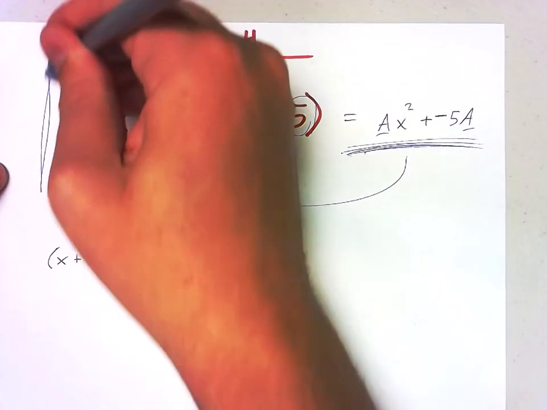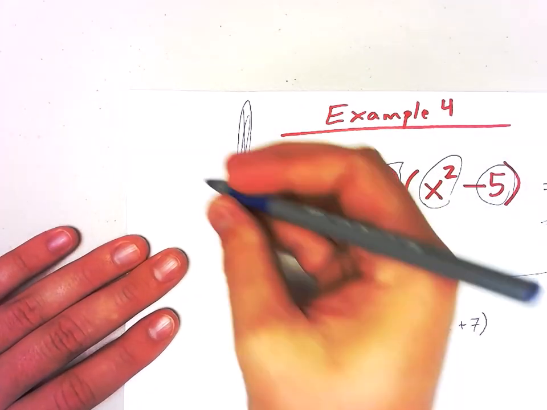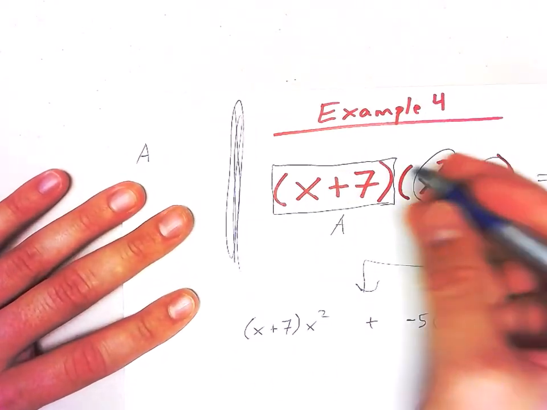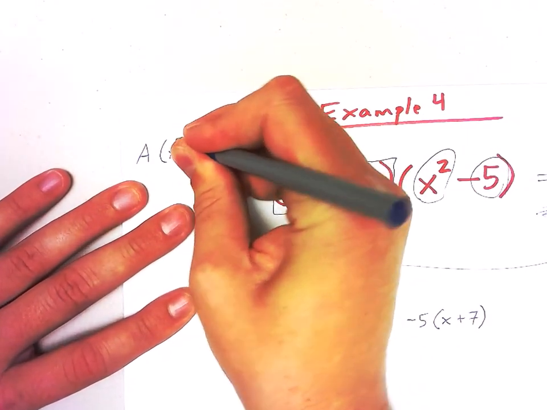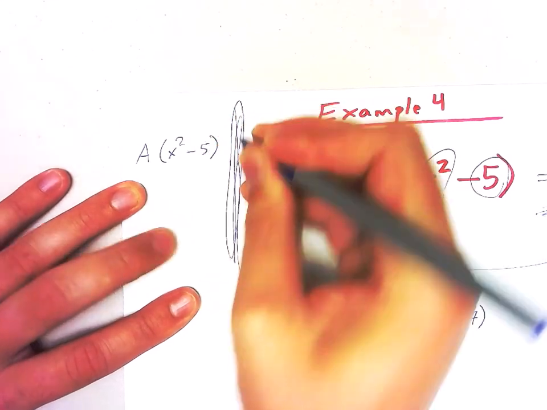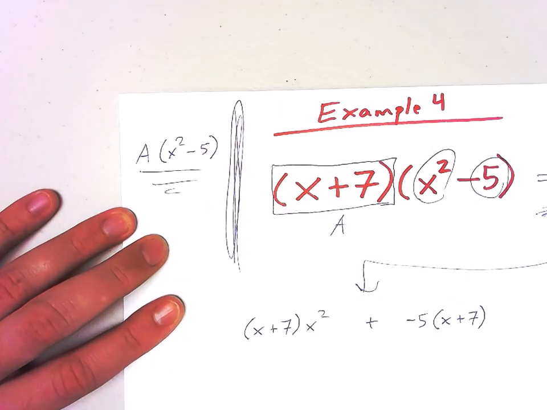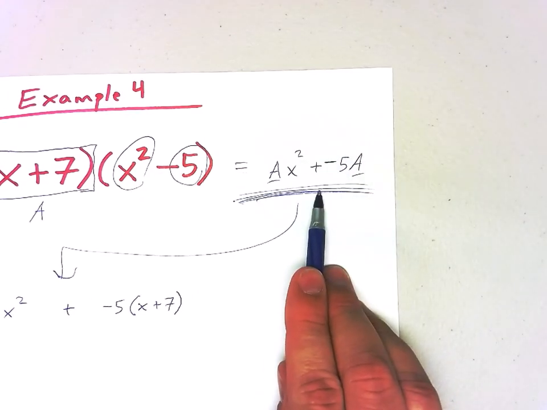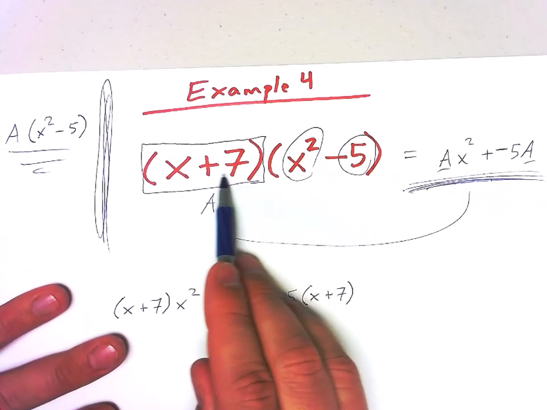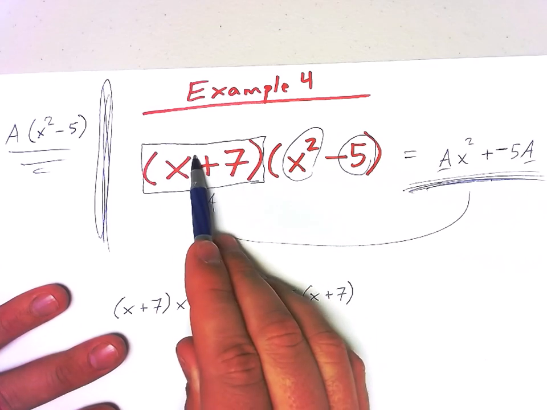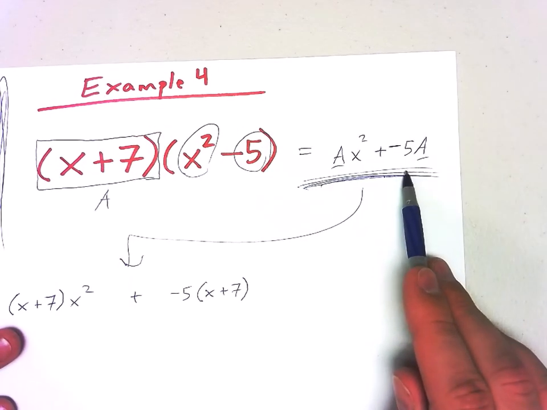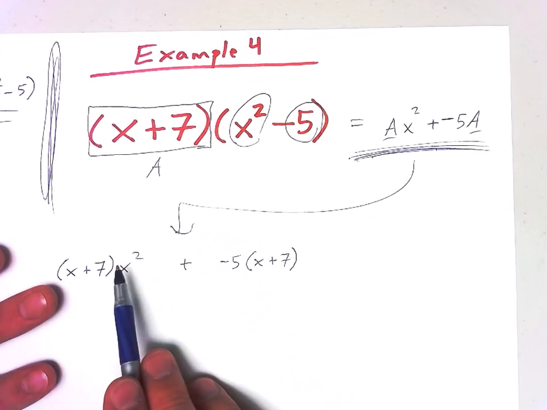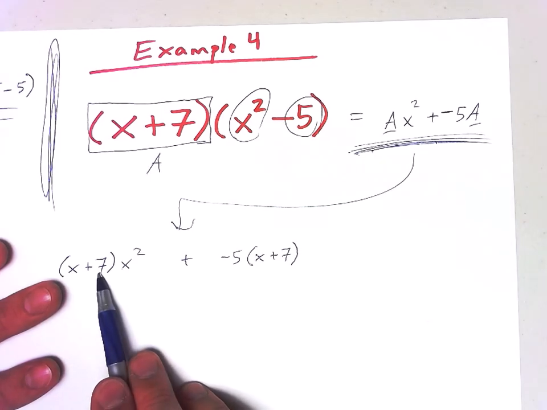So hopefully this isn't getting too complicated, but basically I'm just showing you, you know what to do with this. So if you just pretend for a second this is an A, that's what you get, but then we'll change the A's back to x plus 7s.